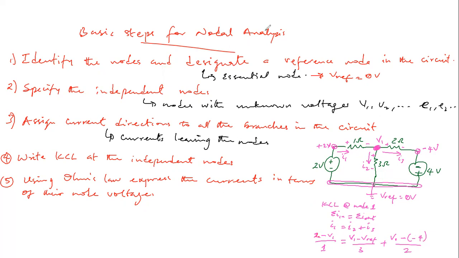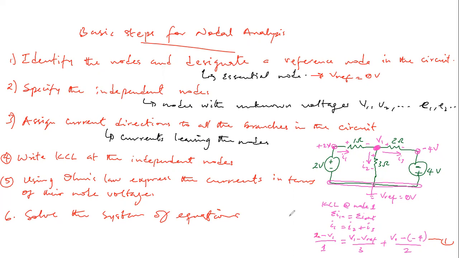So once that is done, we'll go on to the next point. We've gotten our equations, this is the system of equations. And then we'll go on to solve the system of equations, which are usually simultaneous equations.